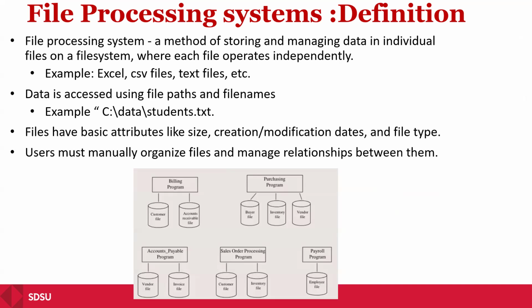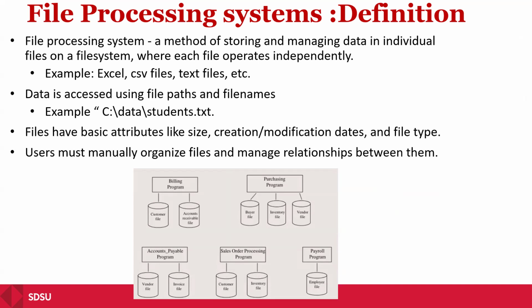So, for example, you can have Excel files, you can have CSV files, text files, so any type of files that combined together store information for a certain subject, certain area of the expertise, certain business department, stuff like this.